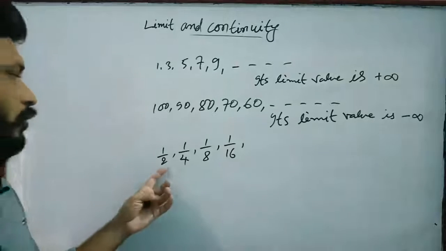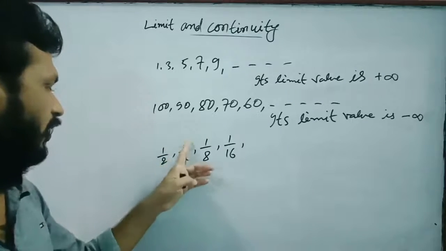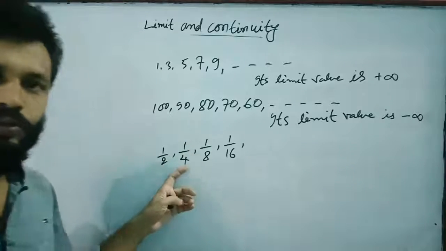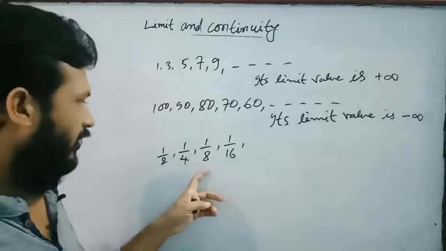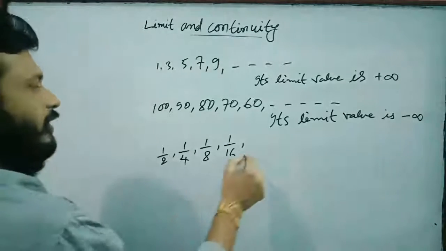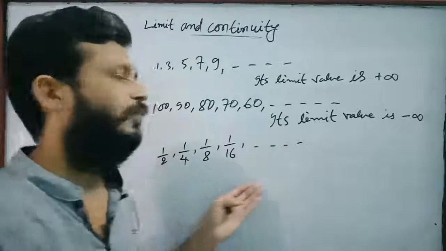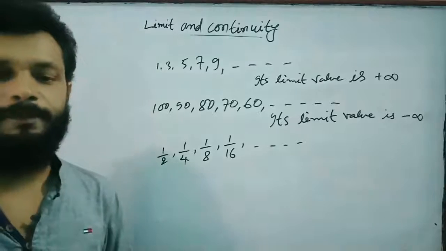Yes? 2 to the power 1, 1 upon 2. Here, 1 upon 2 to the power 2, 4. Yes? 2 to the power 3, 8. 2 to the power 4, 16. Okay, this much. Now, what is the limit value of the given sequence?